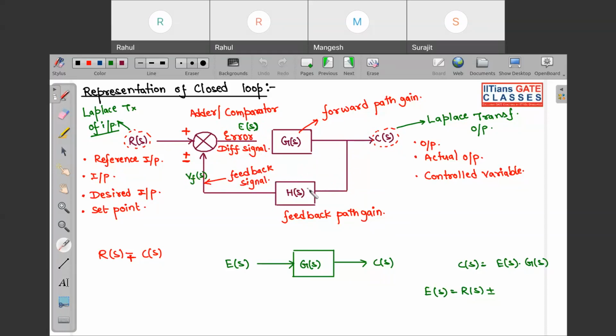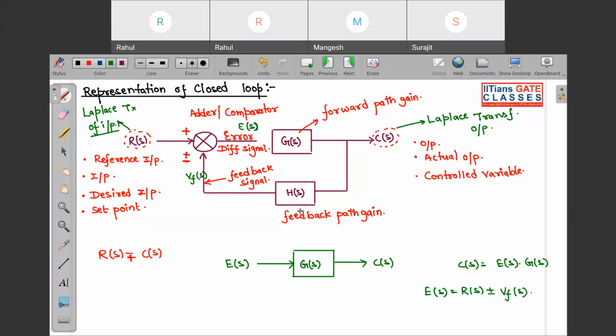Now I am trying to derive the relationship between C(S) and R(S). So E(S) is equal to R(S) being added with the feedback signal V(F), which is plus or minus.